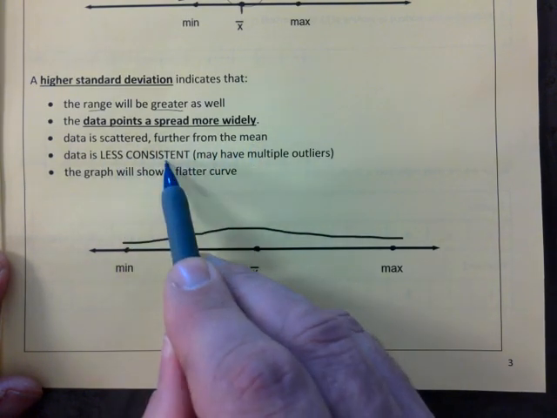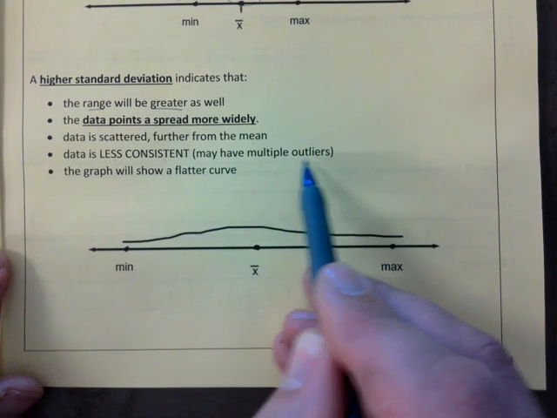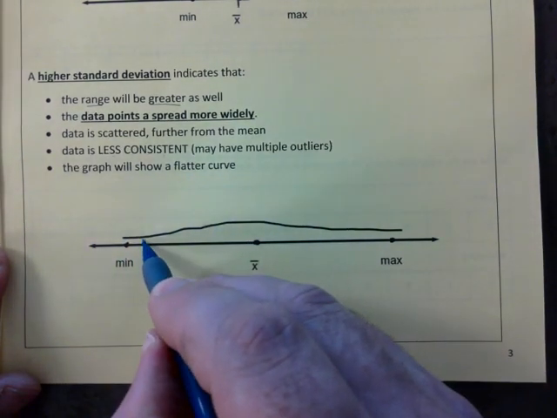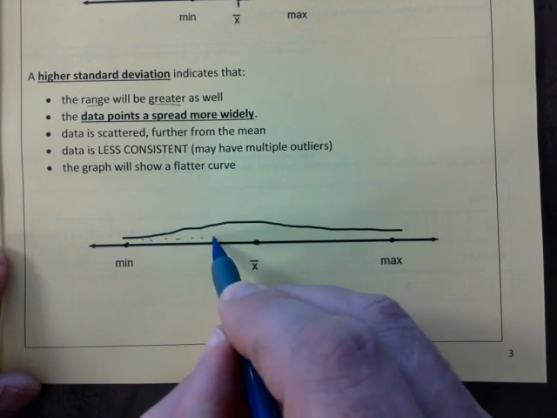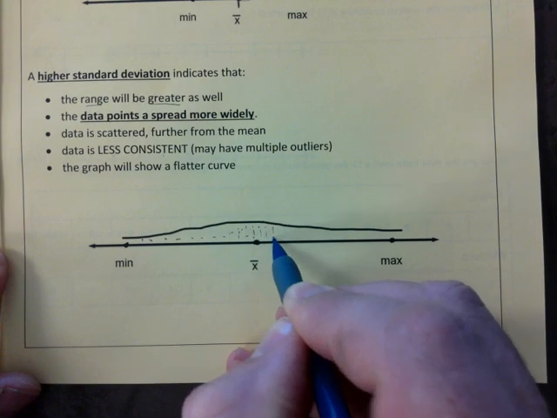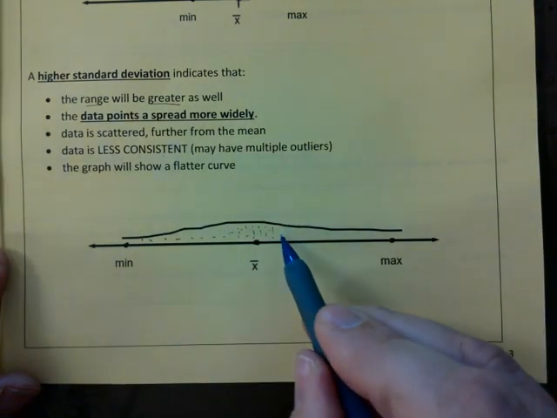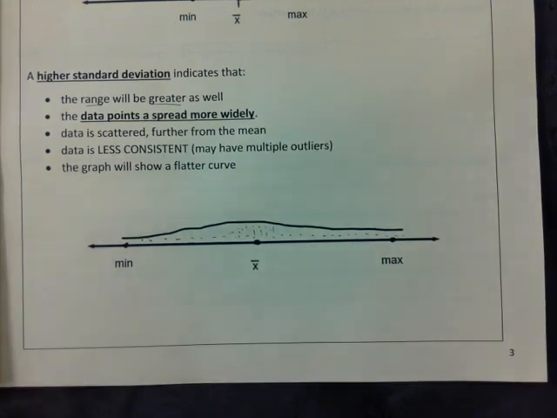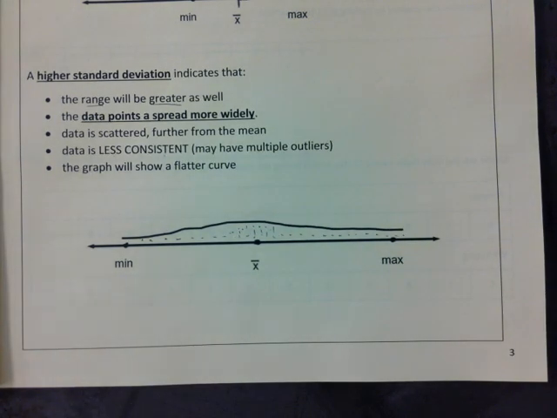Therefore, it's less consistent, may have multiple outliers, and the graph will be flatter. So you have points all over the place. If every point represents data you're collecting, you'll have a lot of outliers, so everything is spread out all over the place, okay?